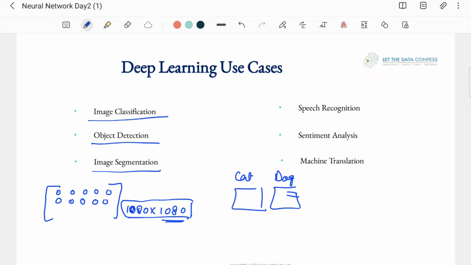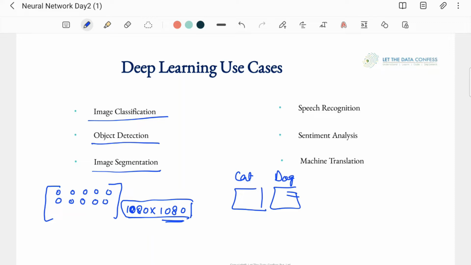That's the reason these are very unstructured and huge in nature, and in all such cases we prefer deep learning. There are other technical reasons too, which we will discuss in detail, but these are the major challenges that we face with the data: if it's huge we need to train an algorithm which can handle it.